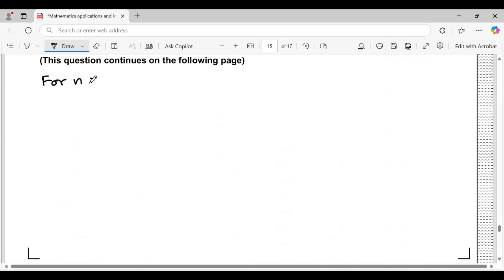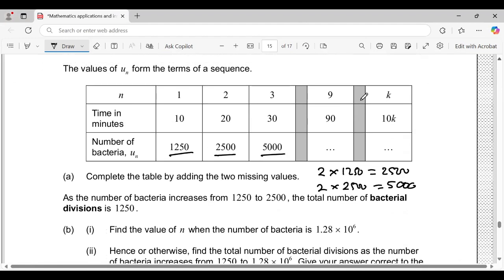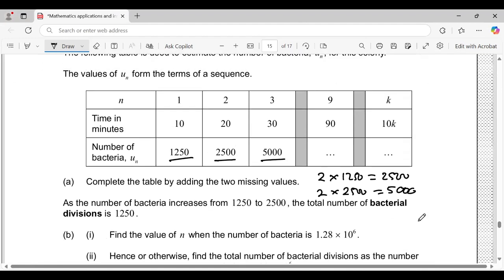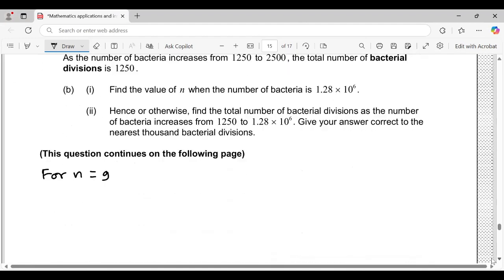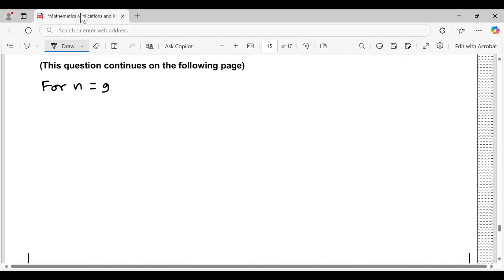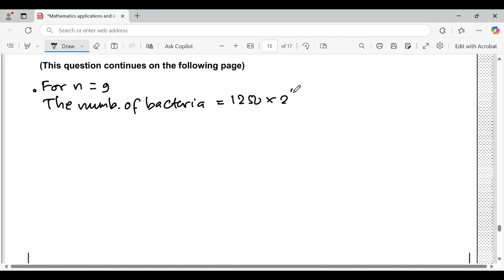So for n equals 9, in 90 minutes, the number of bacteria equals 1,250 times 2 to the power 8.